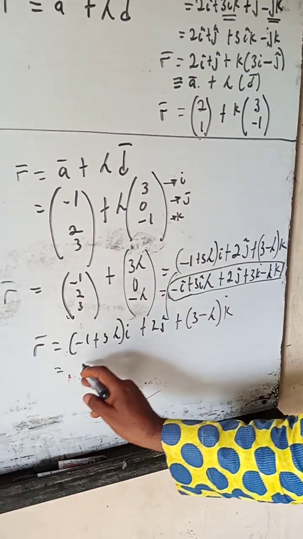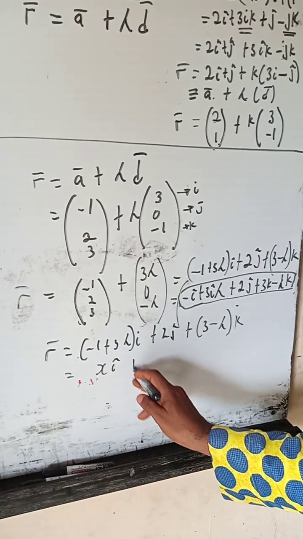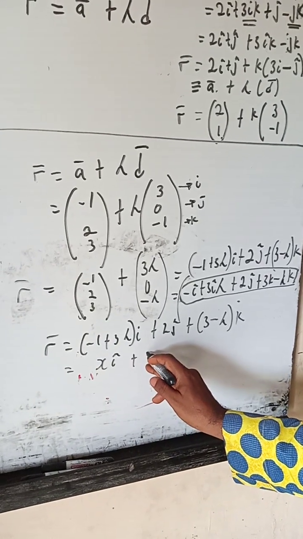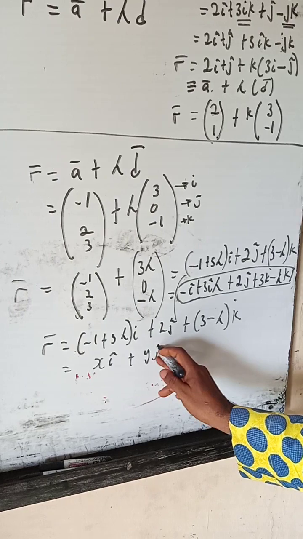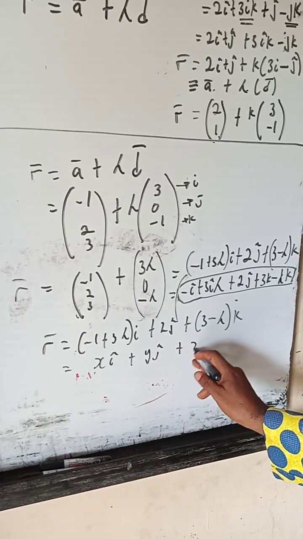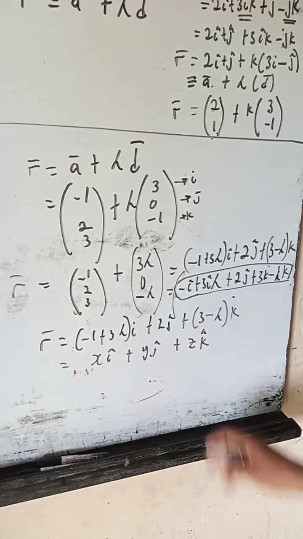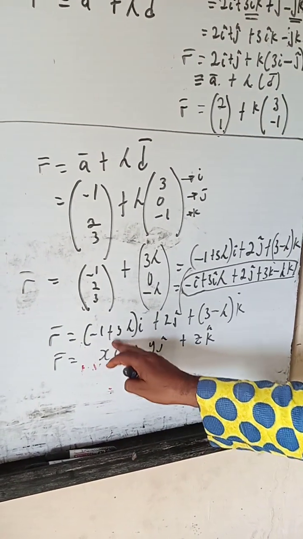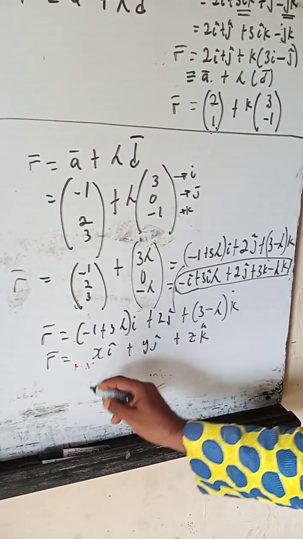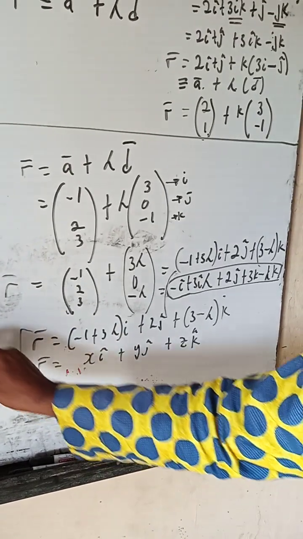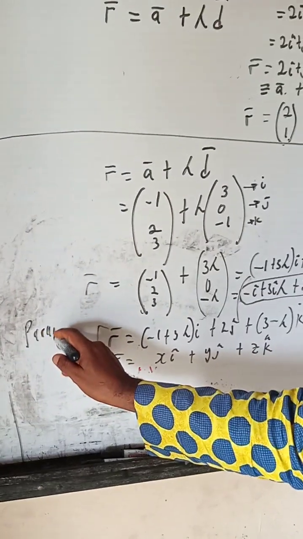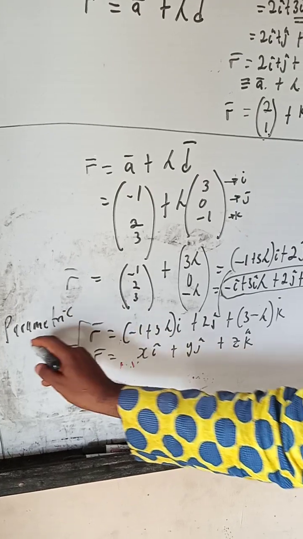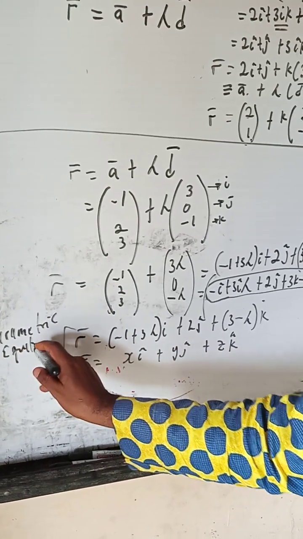This is similar to having xi plus yj plus zk as a standard form of a 3D vector. If you compare this to this, x goes with this. We want to do the parametric equation of the vector equation.